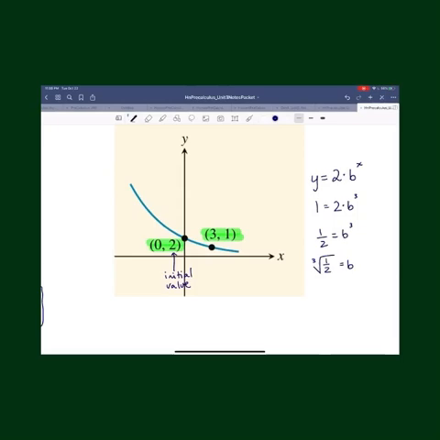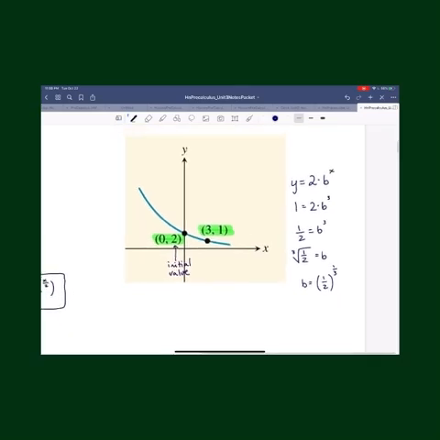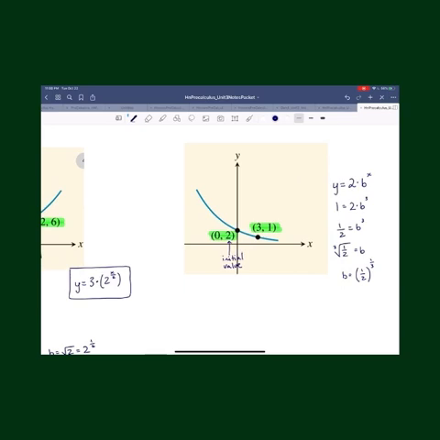And I can rewrite the cube root of 1/2 as 1/2 to the 1/3. Remember, cube roots can be written as exponents of 1/3. Square roots can be written as exponents of 1/2. So then I can replace b with 1/2 to the 1/3, which gives me y equals 2 multiplied by 1/2 to the 1/3, to the x.